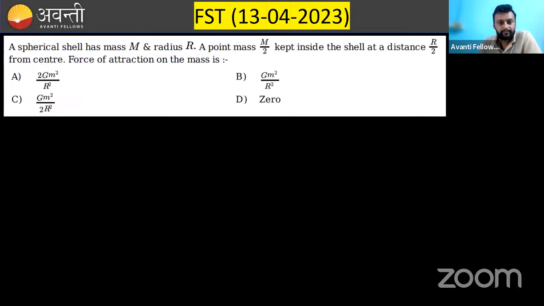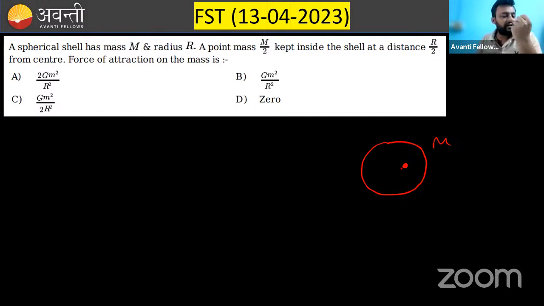Okay, in this question, there is a spherical shell of some mass, whatever it is. The thing is that a point mass of some mass is placed inside it. So whenever I say this, it is Newton's shell theorem. The shell theorem says the gravitational field inside a spherical shell is 0.